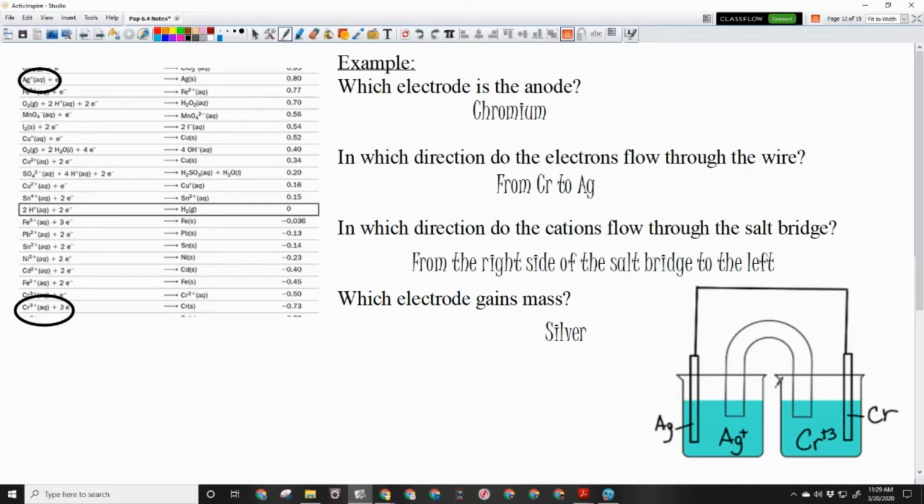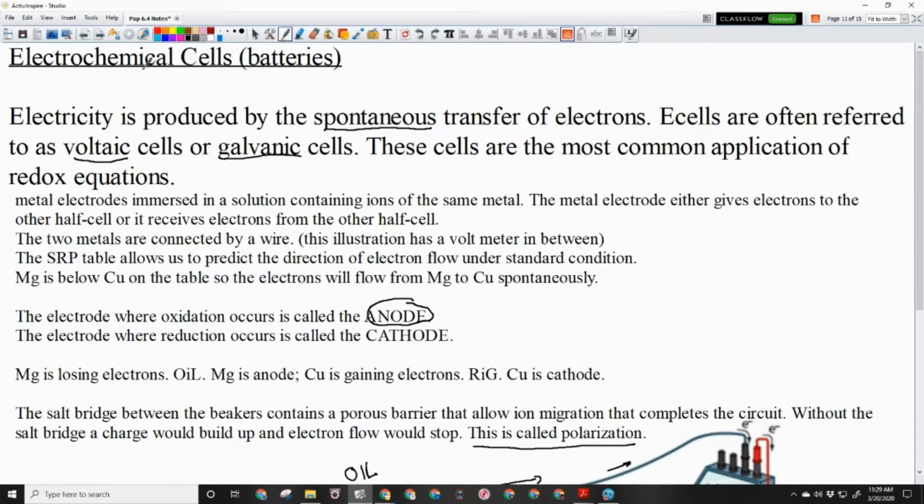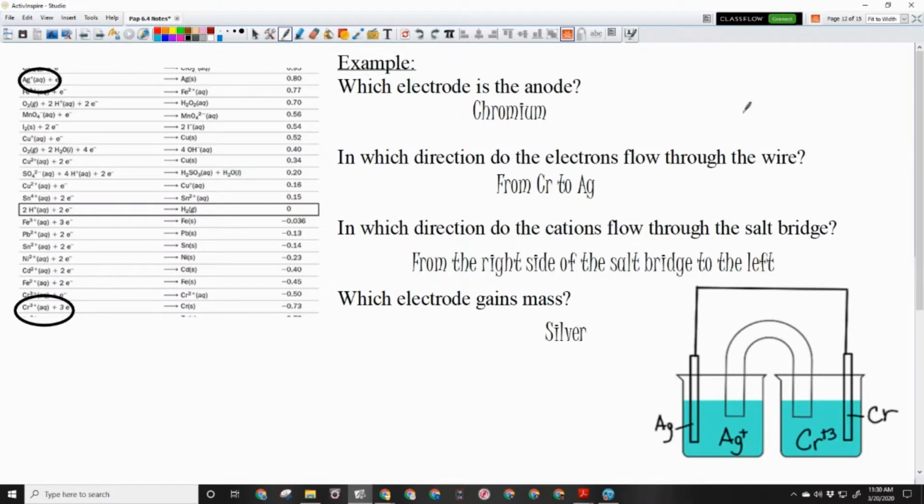So we have all the components of an electrochemical cell. It says, which electrode is the anode? Let's go back and look. The anode is where oxidation occurs.